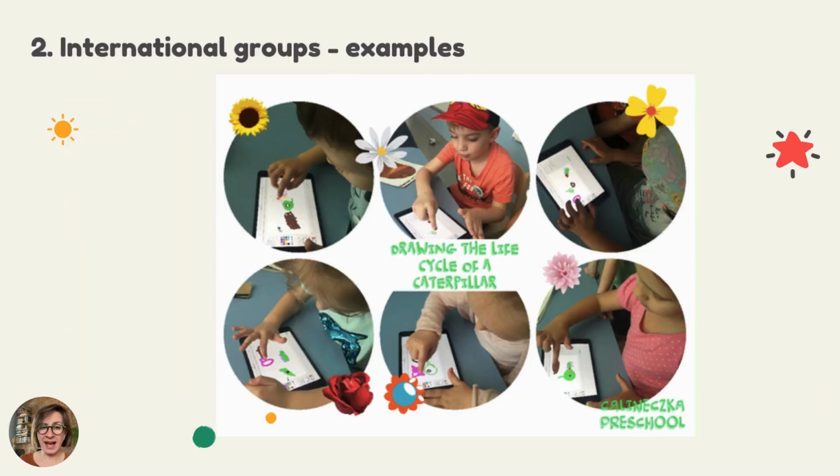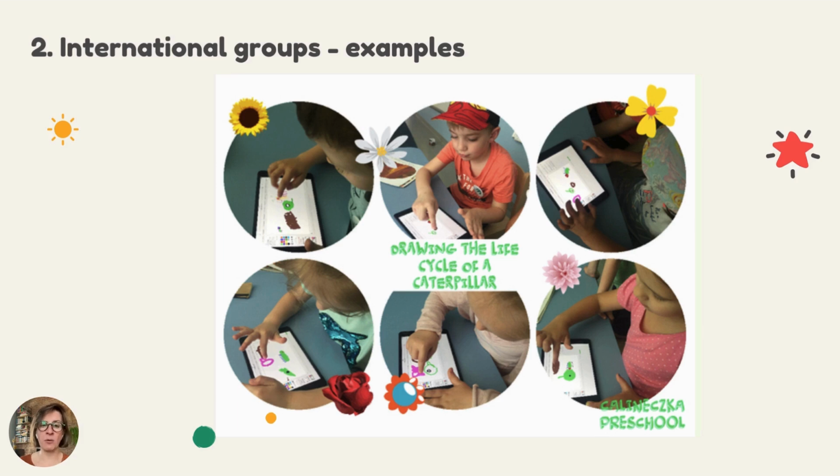Now, I'm going to talk about working in international groups and give you some examples. Here, children are drawing the life cycle of a caterpillar in Colorillo. So we divided all the children into groups so that in each group there was a member from each of the countries.